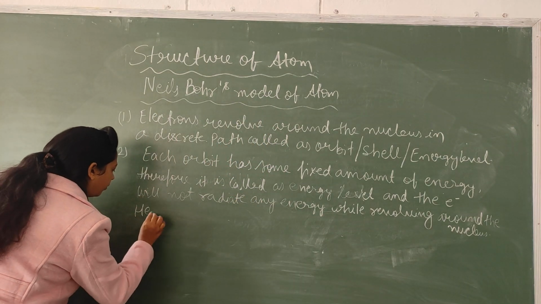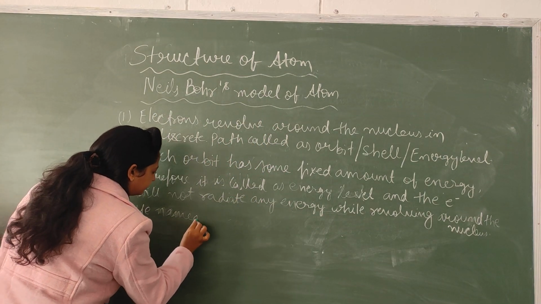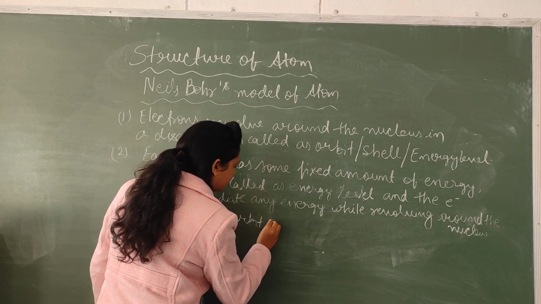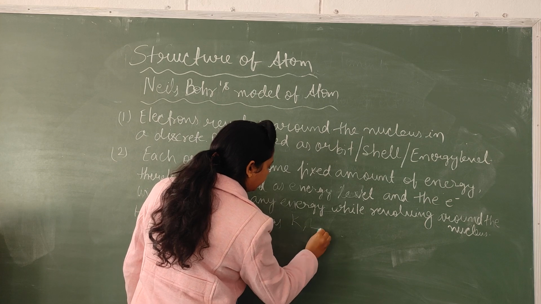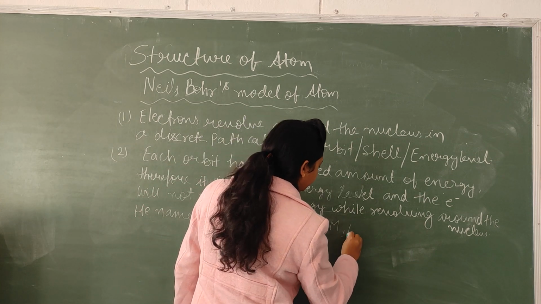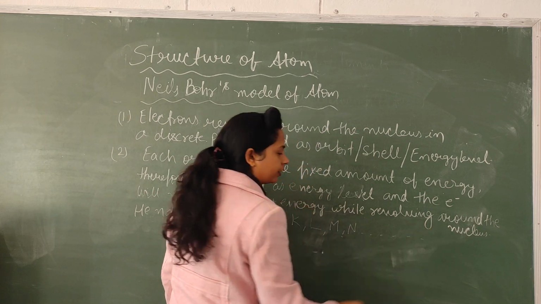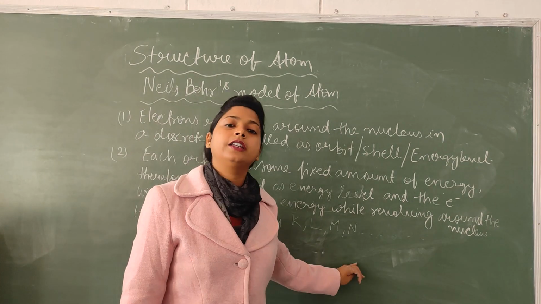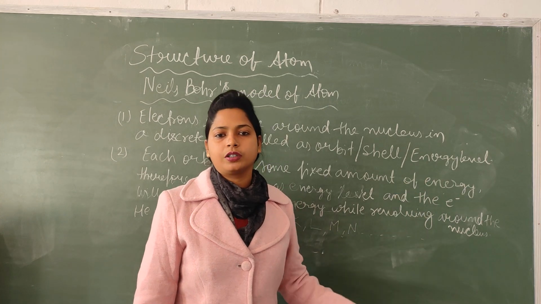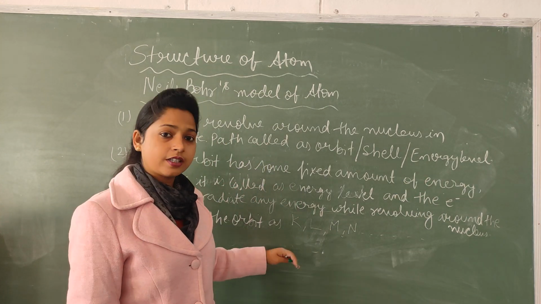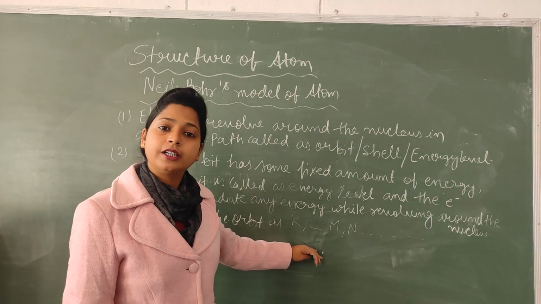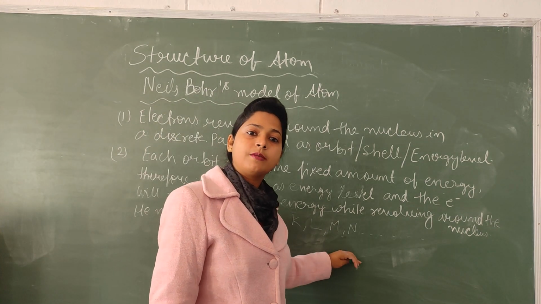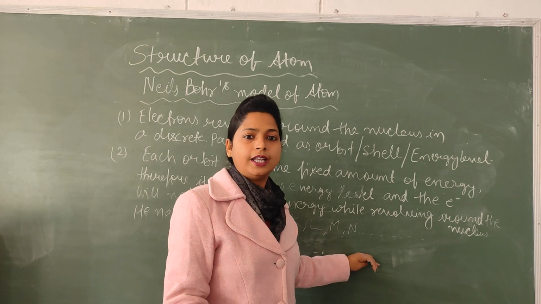Then he named the orbit as K, L, M, N, and so on. First orbit is K, then L, then M, N, and so on. Got it? A से नहीं शुरू करना है, पहला ऑर्बिट का नाम K है. K shell is the first orbit, L is the second, M is the third, N is the fourth, and likewise.